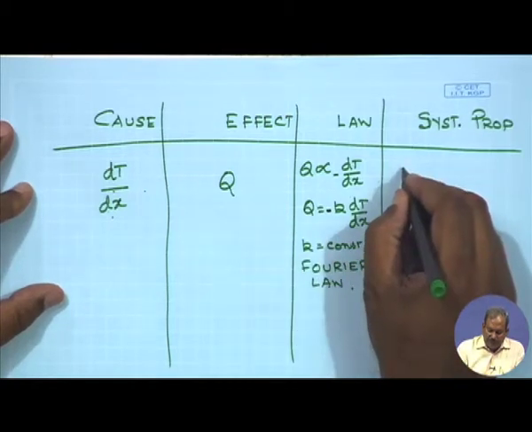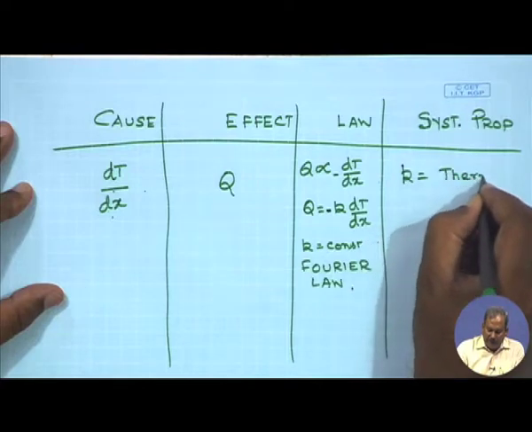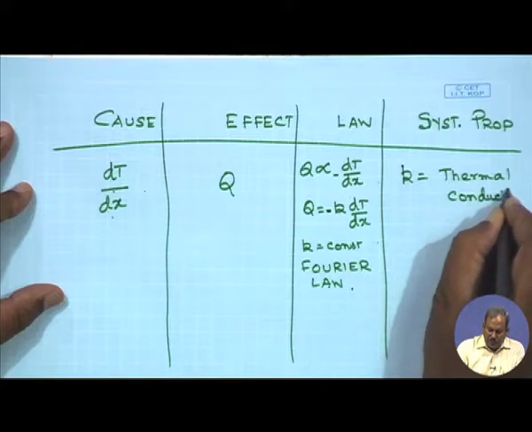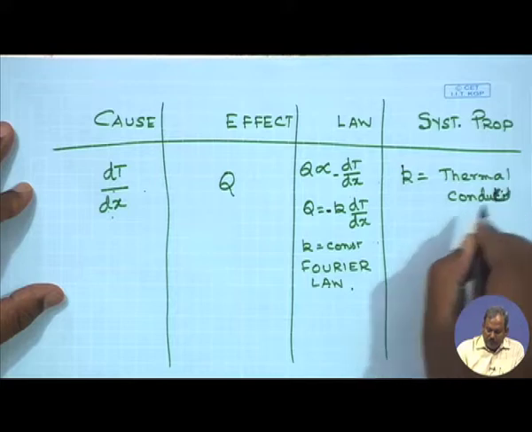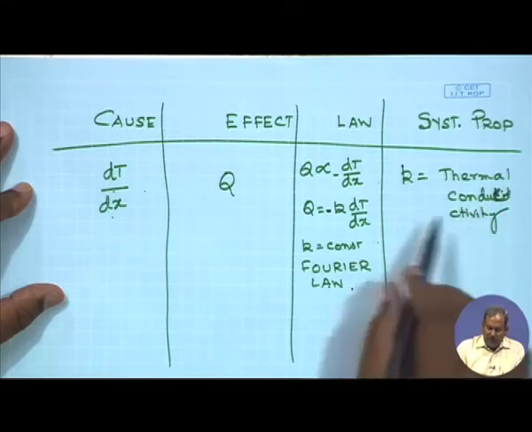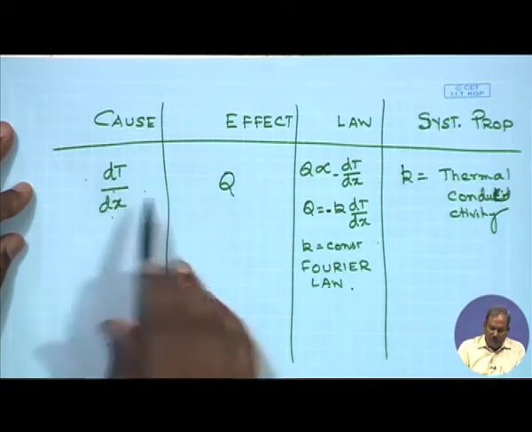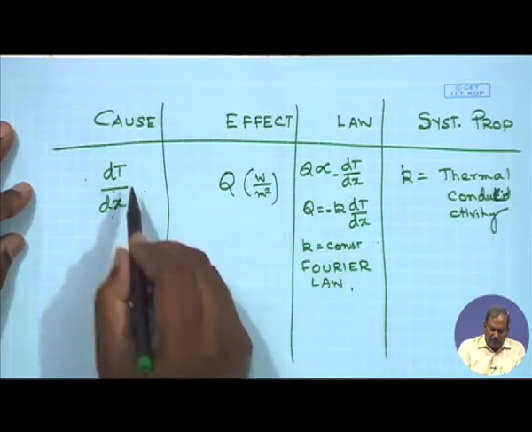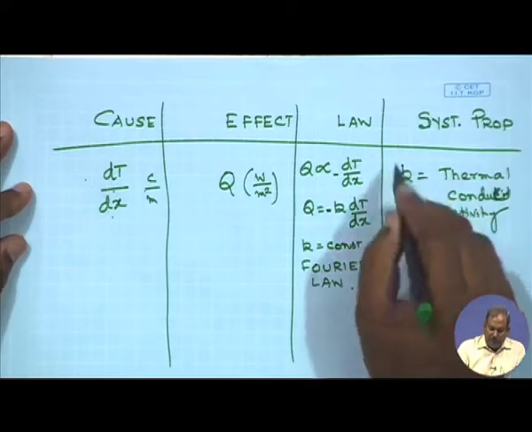The system property that is defined by Fourier's law is thermal conductivity, which is nothing but a relation between cause and effect. The flux has units of watt per meter square and the gradient is centigrade per meter. So, we can find out what is the unit of k.